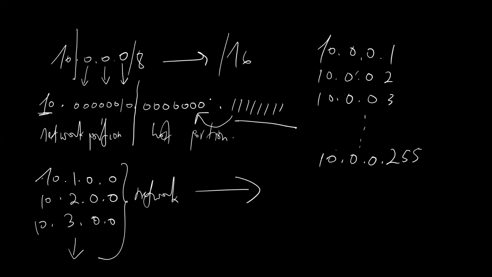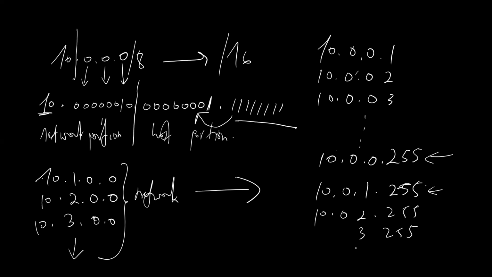Once you are done with all these ones, the zeros start changing. If this 0 changes to 1, our address will become 10.0.1.0, 10.0.1.255. So after this address, we get this one. Then they start increasing from 2, 255, 3, 255, 4, up until we get all ones. When we get all ones right here, it will mean we have a 10.0.255.255.